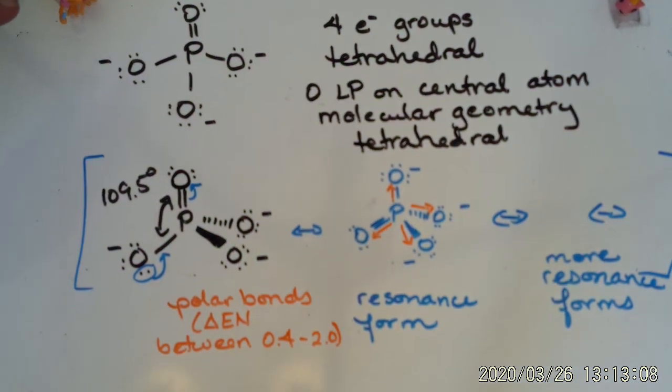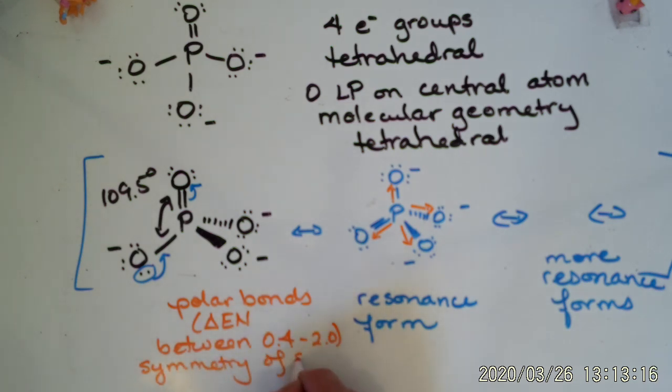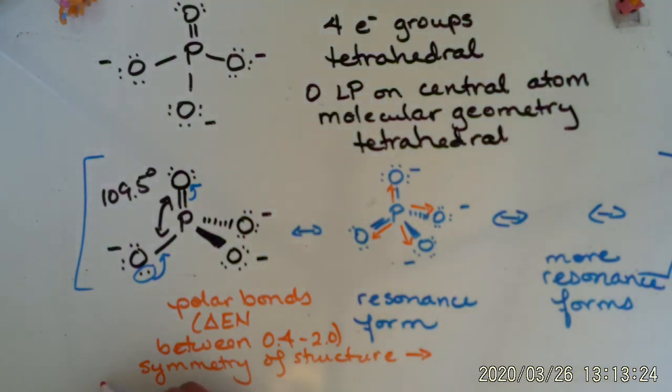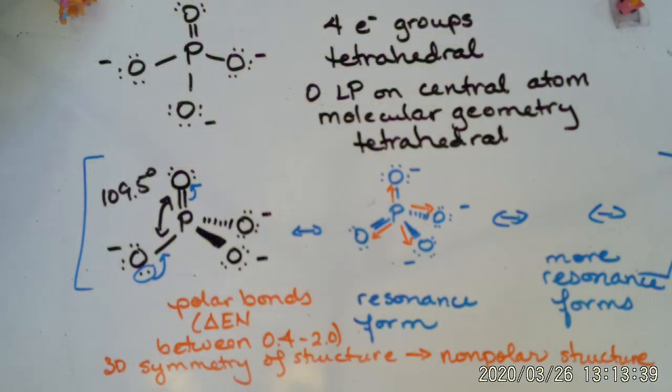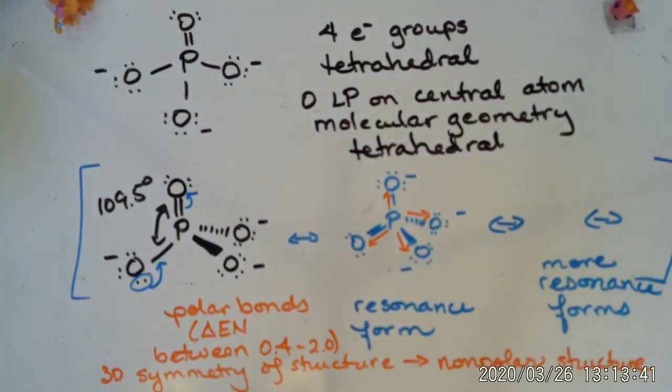The symmetry of the molecule indicates this, and this is 3D symmetry, not just 2D. So with the 3D symmetry, this is a non-polar structure. So there's no permanent dipole to this. All right, so that's how we take a look at the polarity.